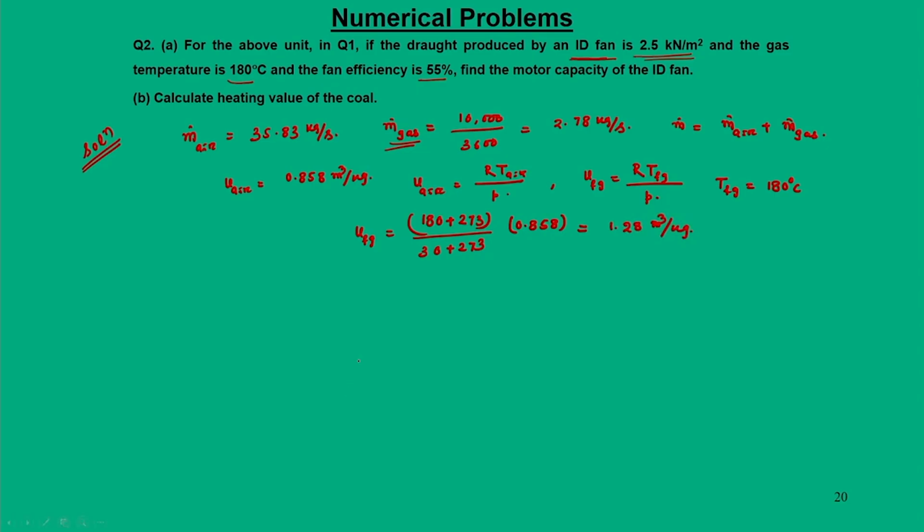So, we are now in a position to obtain the power requirement for the induced draft fan. So, W dot F for the induced draft fan would be m dot air plus m dot gas, into the specific volume of the flue gas, into delta P, divided by the efficiency of the induced draft fan.